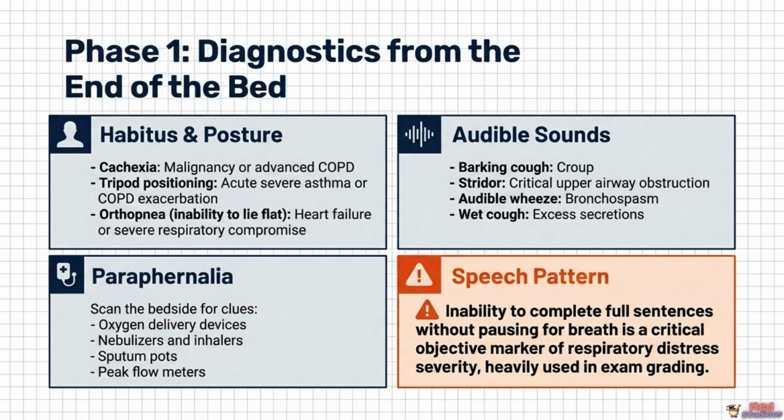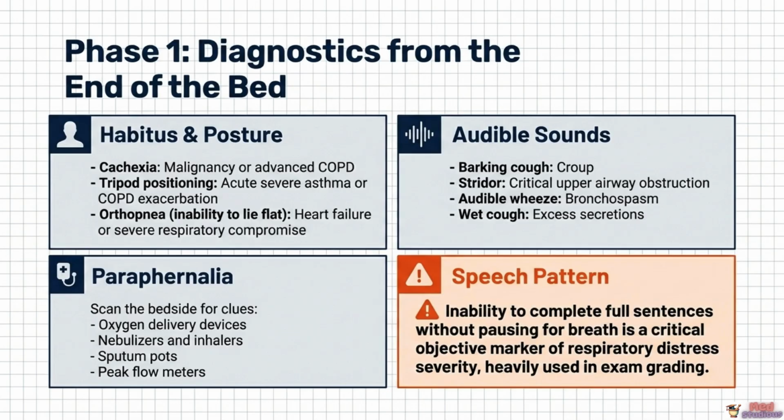Before approaching the patient at all, a wealth of diagnostic information is available simply from observing at the end of the bed. Habitus and posture offer immediate clues. Cachexia, or significant wasting, raises suspicion for malignancy or advanced COPD, while tripod positioning, leaning forward with hands braced on the knees, classically indicates acute severe asthma or a COPD exacerbation.